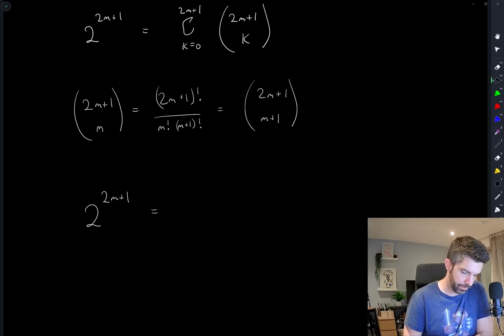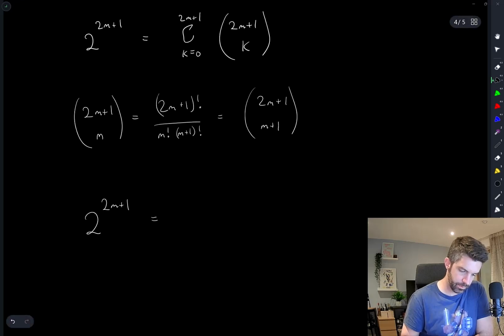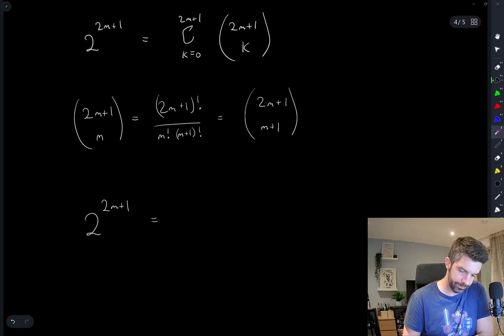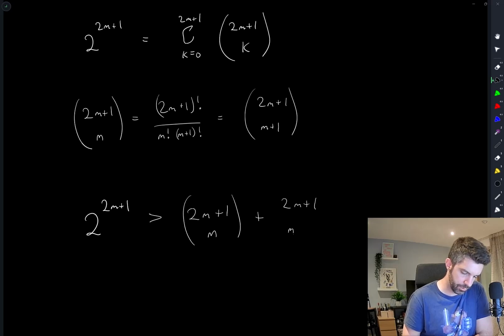Okay, so we have that 2 to the 2m plus 1 is equal to, well, what I'm going to do is say this is then greater than 2m plus 1 choose m plus 2m plus 1 choose m plus 1.